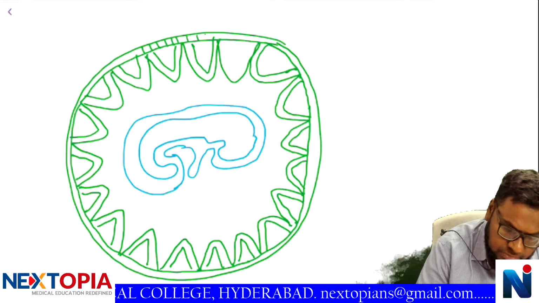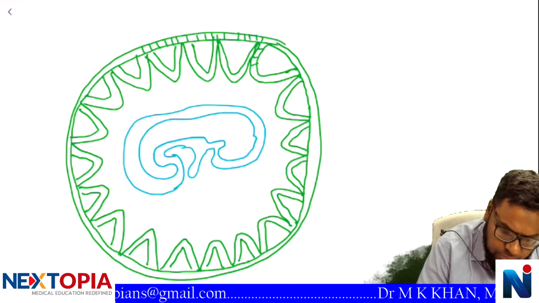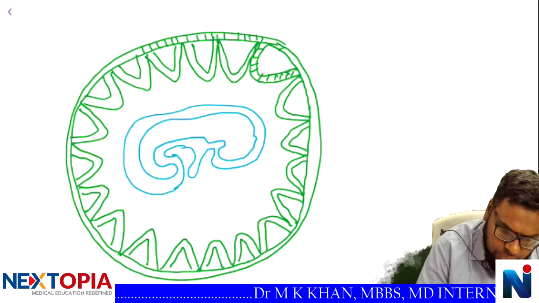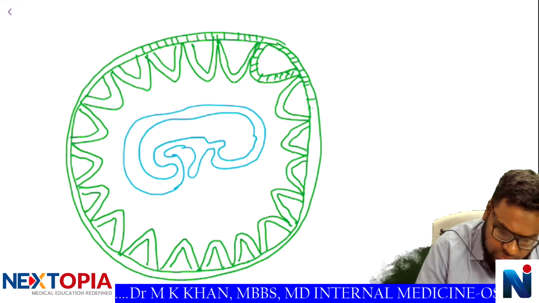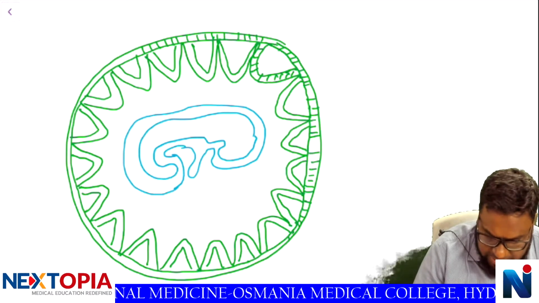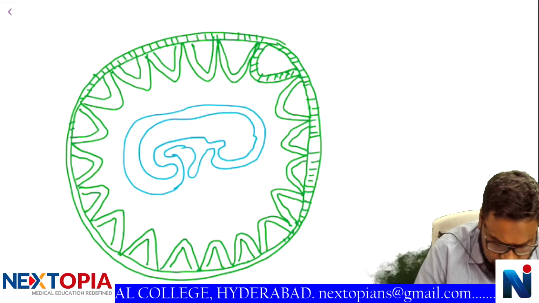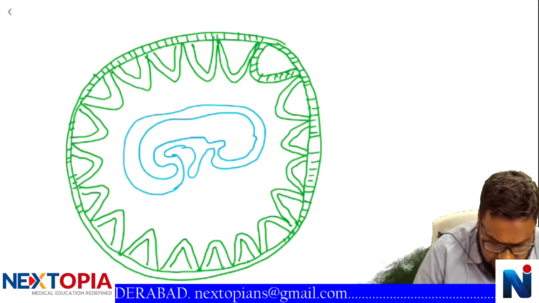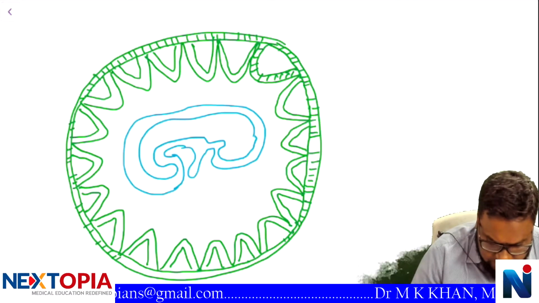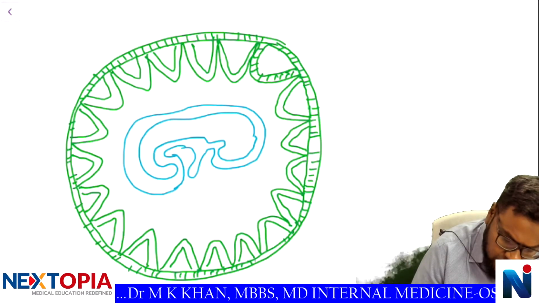If you can imagine this diagram, you can understand. I'm just drawing the partitions of the cytotrophoblast. The triangular structures which I have drawn in green color are the lacunae, which are again surrounded by the cytotrophoblast. So that forms the secondary villus.